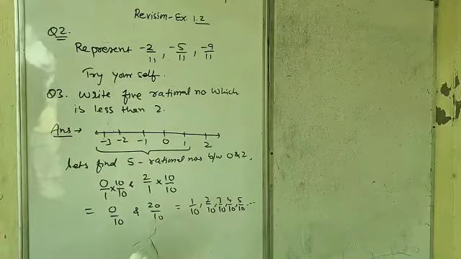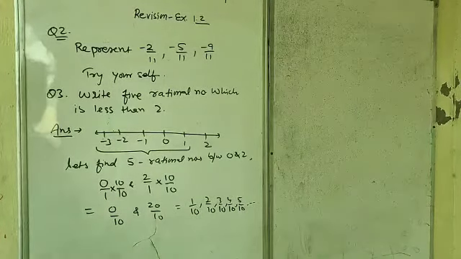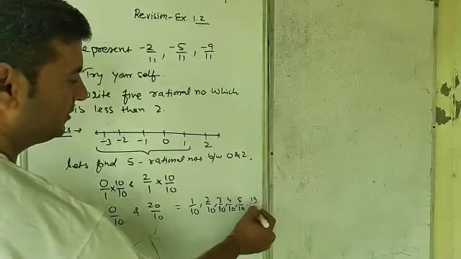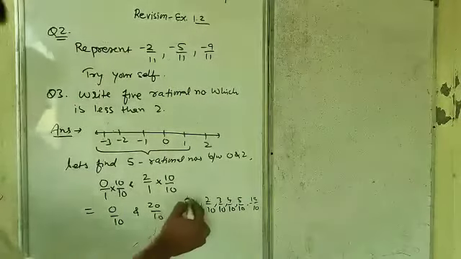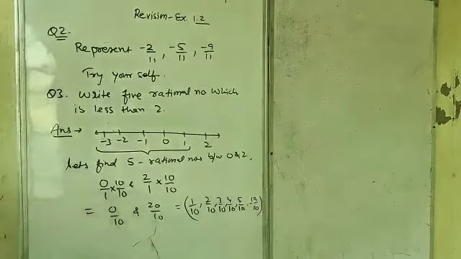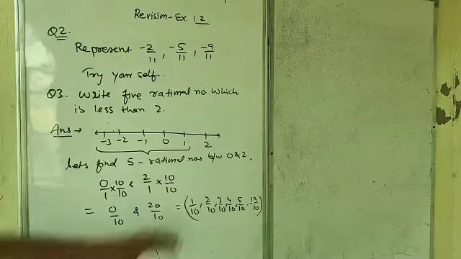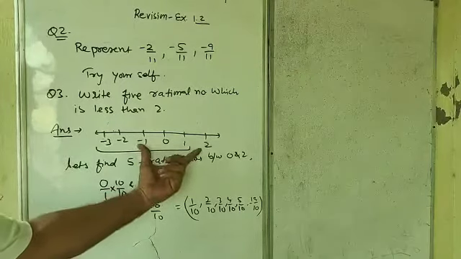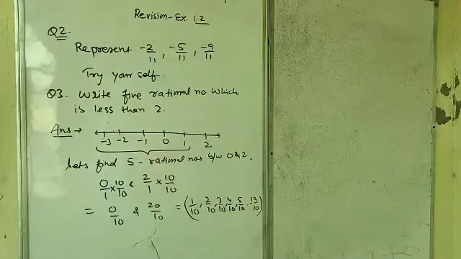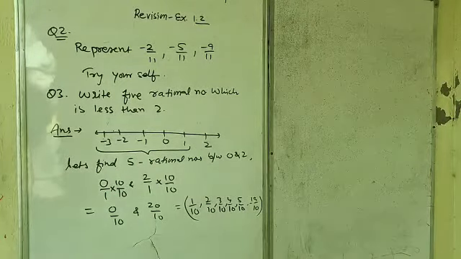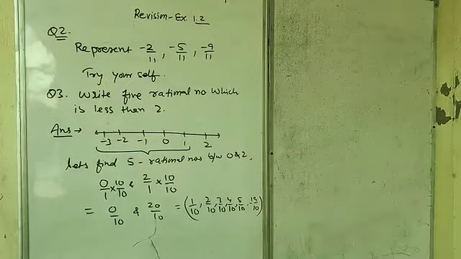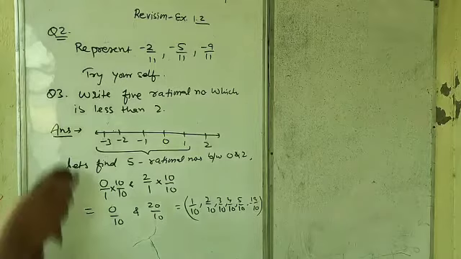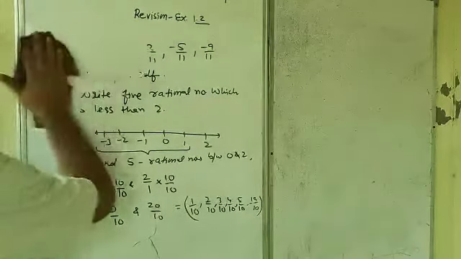These all are rational numbers which lie between 0 and 2, up to 19 by 10. ये हमने केवल 0 और 2 के बीच में ही find किए. You can also find between 1 and 2, you can also find between -1 and 2, so it gives different values. Now find the 10 rational numbers between, next question.